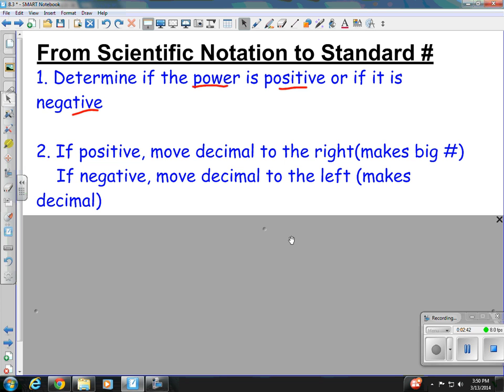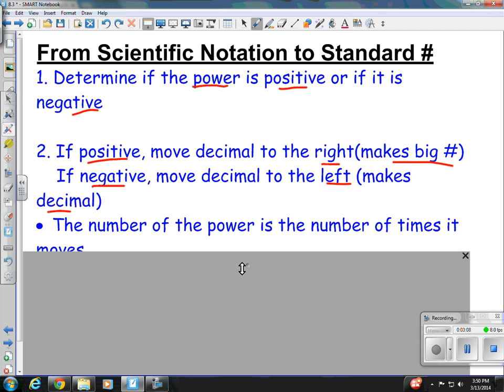So positive powers make big numbers. And if it's negative, we move the decimal to the left, which makes a decimal. So positive powers move to the right to make big numbers, negative powers move to the left to make decimals.